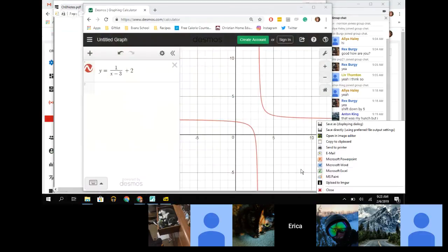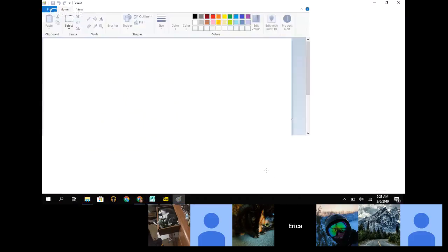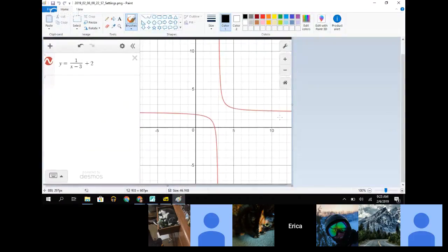Let me open this up in Paint just so I can write on it. Again, there's my graph. What is my domain? My domain is my x's. If I look at all my x's, I have an asymptote here at x equals 3.